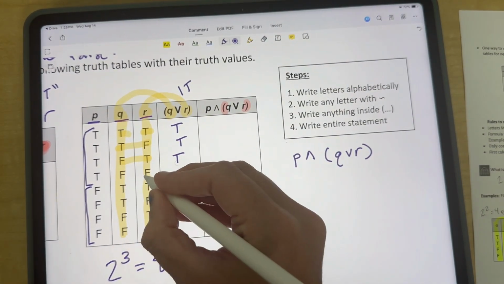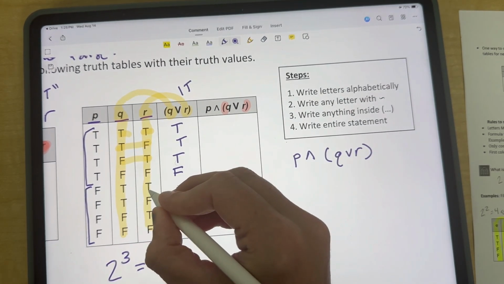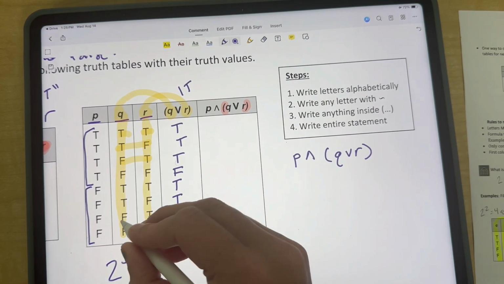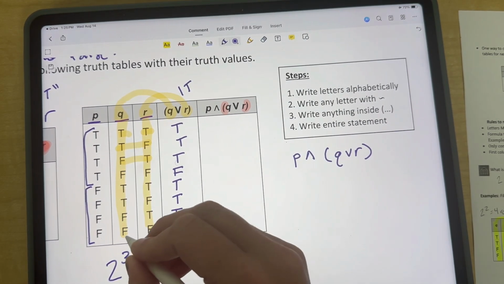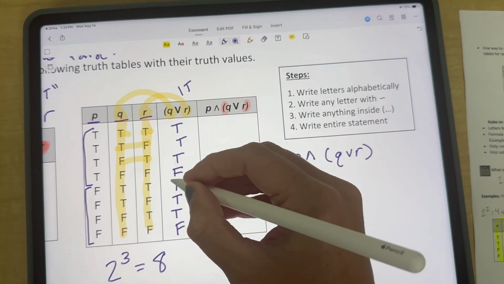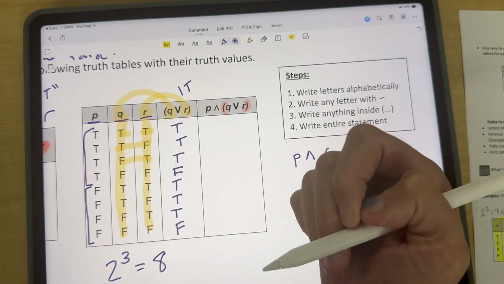Do I have a T here or here? No. So that one's false. T here or here? Yes. T here or here? Yes. T here or here? Yes. The last row, no. So we only have 2 falses. Only 2 times is there no T's at all, right?